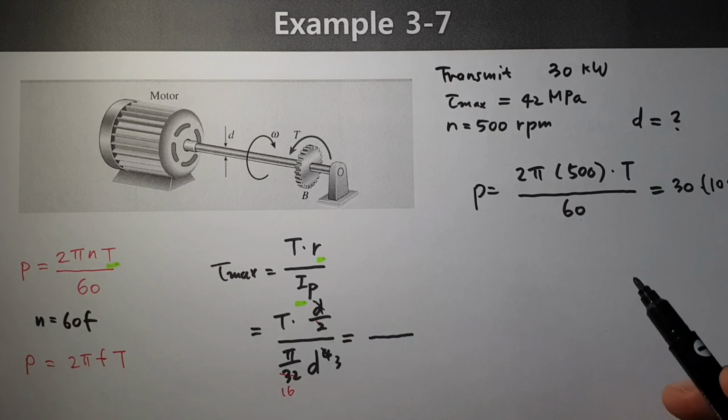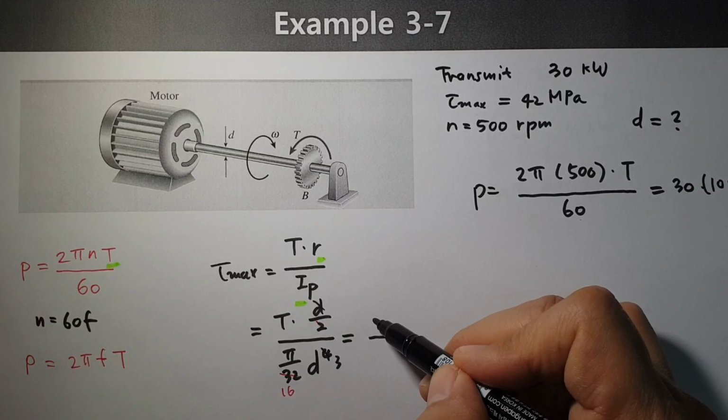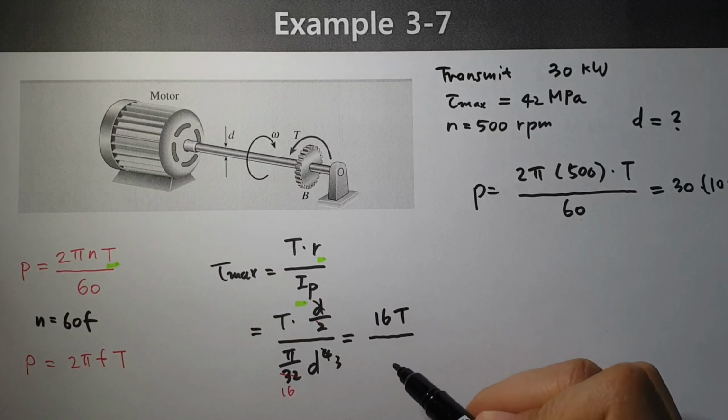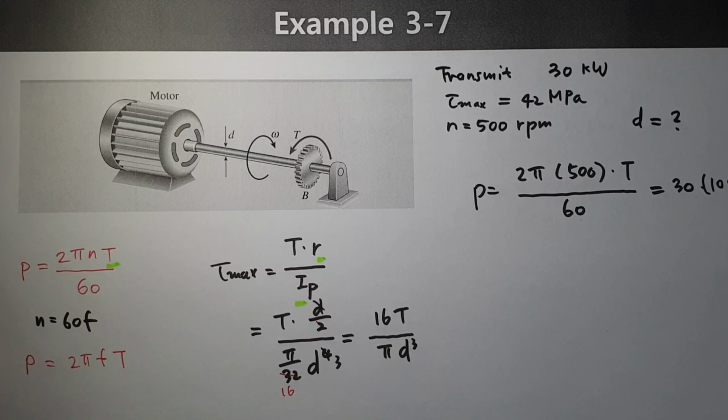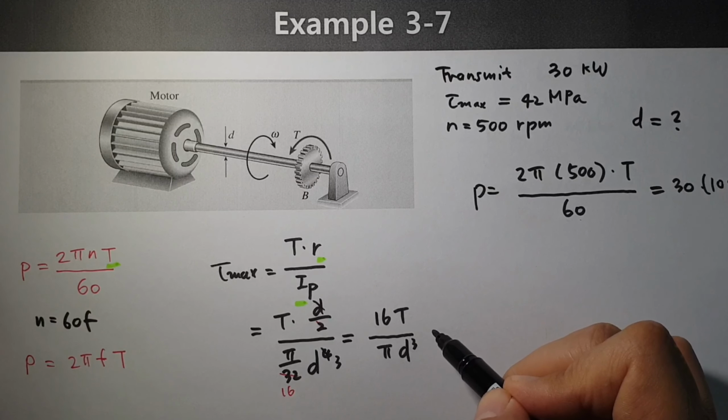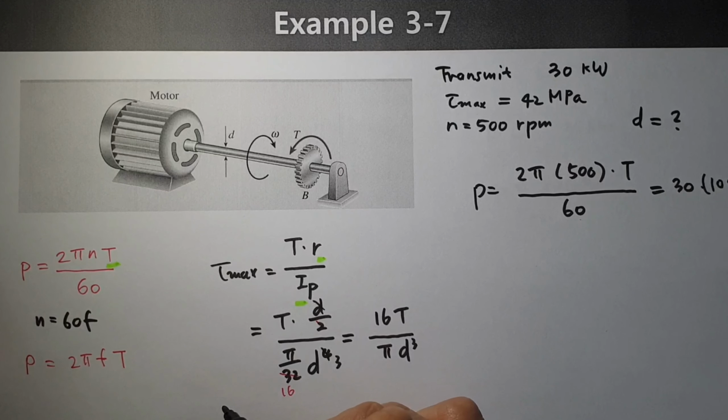Okay, then finally 16 T equals phi D 3 times tau max. Then we have D equals 16 T over phi tau max.